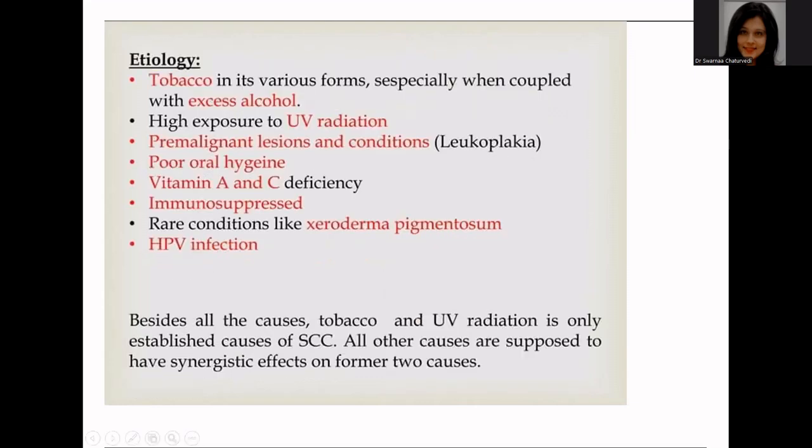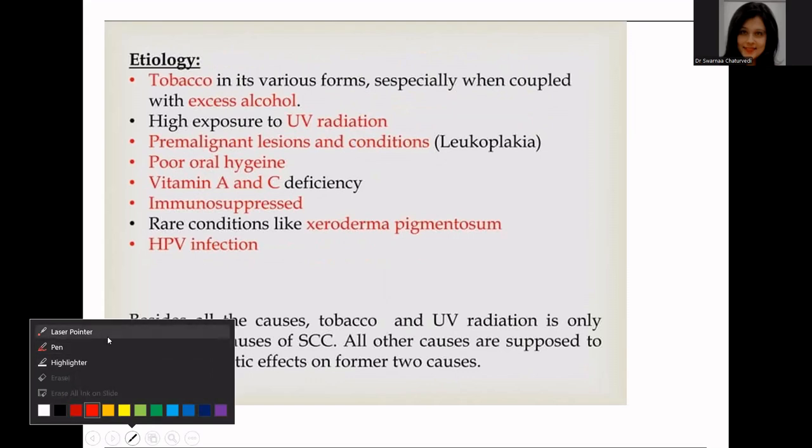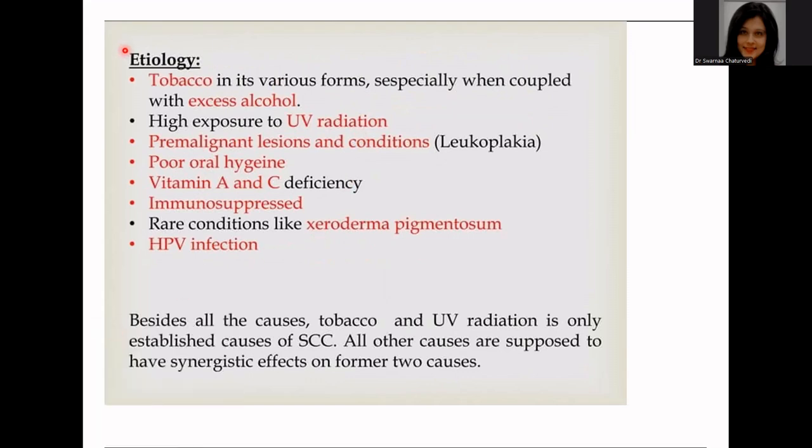Further, if we look at the etiology of this lesion, tobacco in its various forms, especially when coupled with excessive alcohol, is a very important etiological factor. Other than that, UV radiation, premalignant lesions and conditions like leukoplakia, erythroplakia, poor oral hygiene, vitamin A and C deficiency, immunosuppression, and rare conditions like xeroderma pigmentosum.